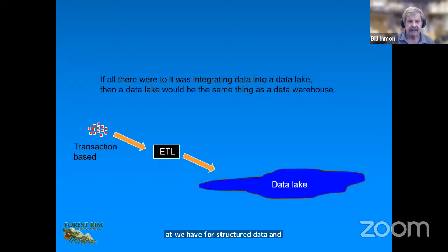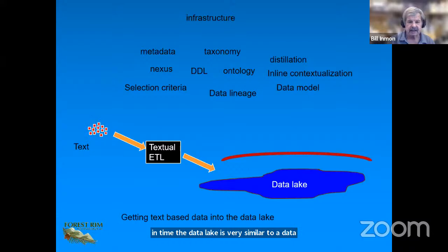And it turns out that if all we were doing is putting structured data into the data lake, then at that point in time, the data lake is very similar to a data warehouse. But the second kind of data that we have needs something different. This is where textual ETL comes into play.